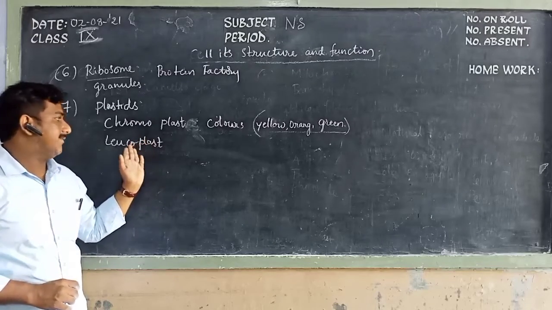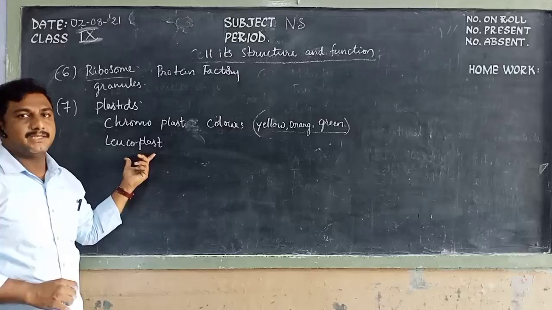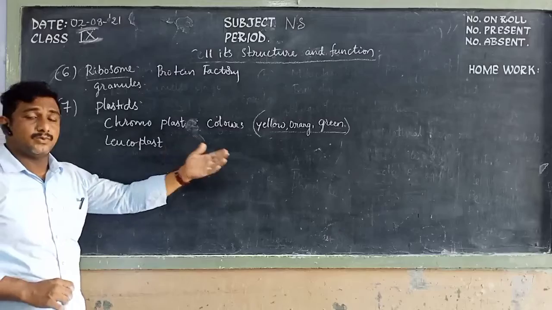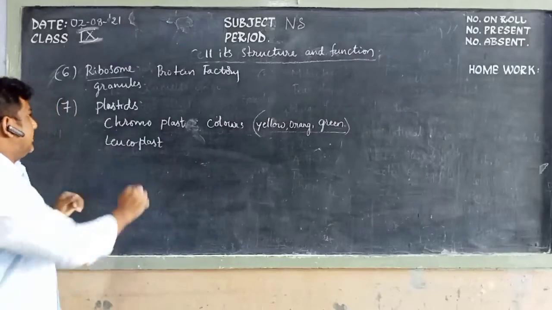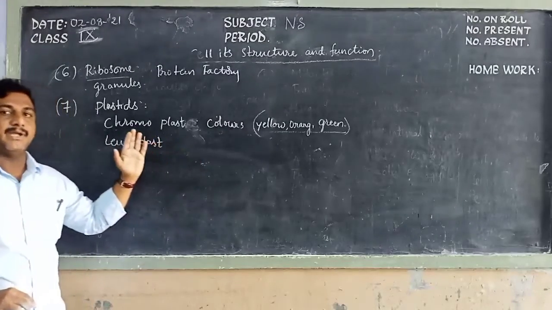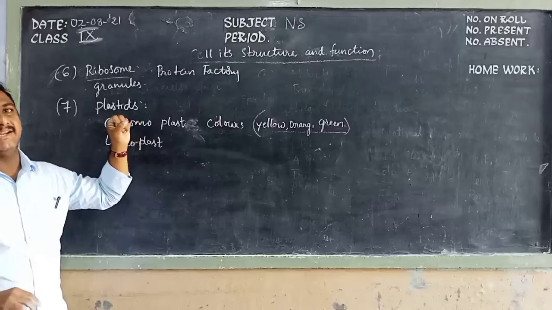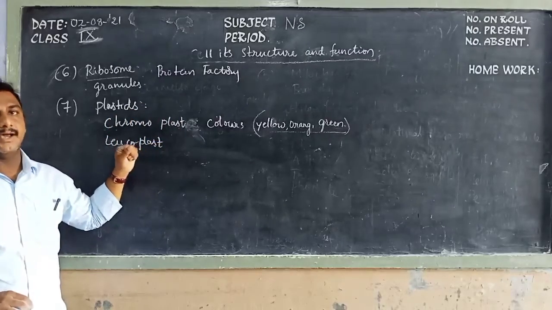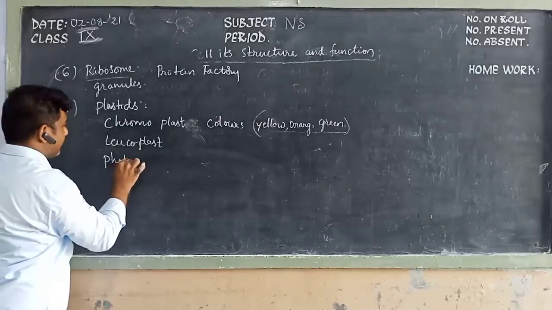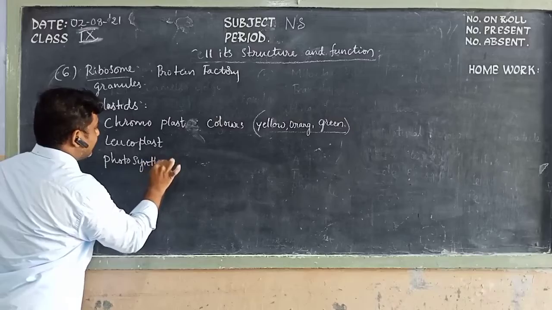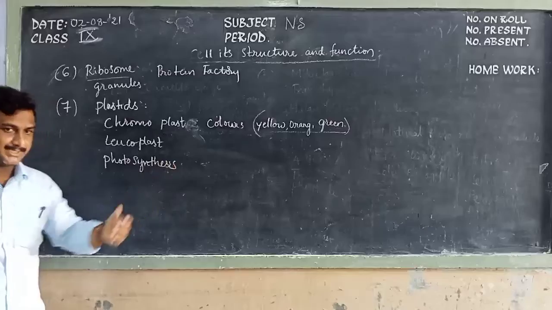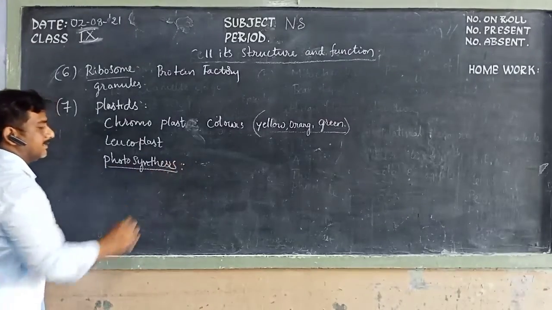If leucoplasts are present, these plants take support from other plants to collect food. Plastids help to give color to the plant, and at the same time they help to synthesize food with the help of the sun, which we call photosynthesis. These plastids, especially chloroplasts, conduct photosynthesis.